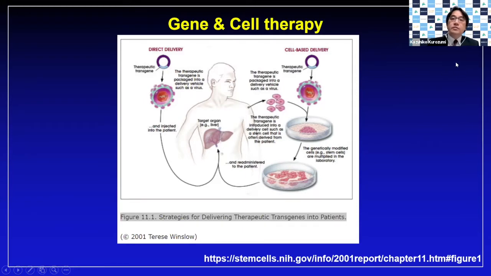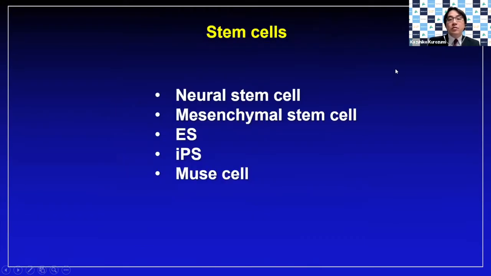There are several cells we are using. Recently a very famous one is CAR T cell therapy. But we are also focusing on stem cells: neural stem cells, mesenchymal stem cells, ES or iPS cells. We are doing ongoing basic research on those cells.